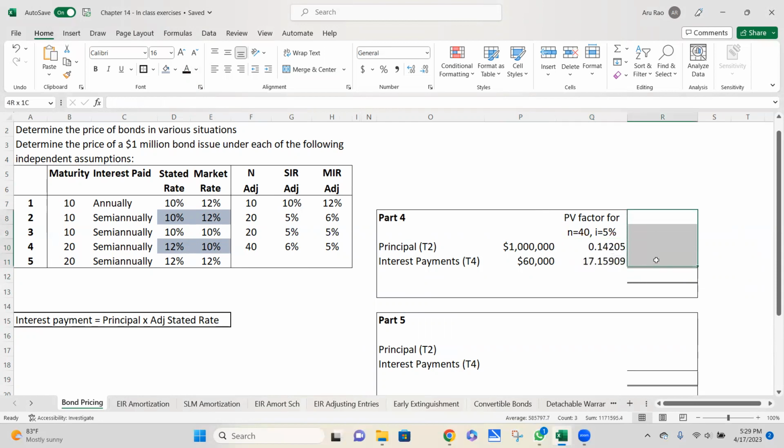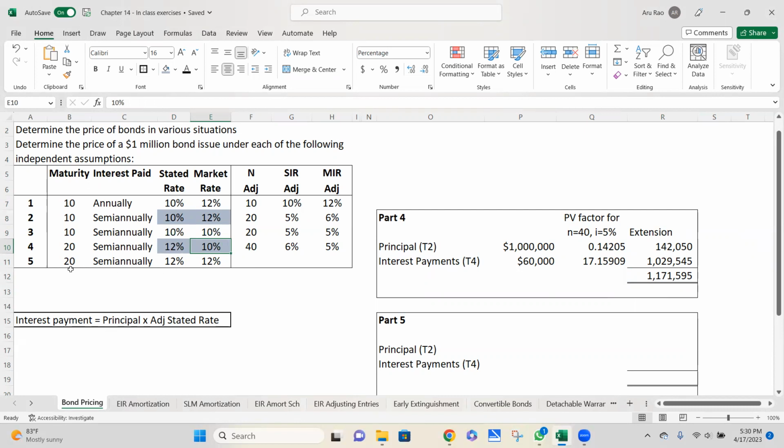We go through the motions of calculating the extensions, and what we come up with is in fact a number larger than $1 million. So the excess amount that I have is a premium that I'm going to issue it at. Bonds will issue at a premium because I am offering an interest rate that is larger than the market rate at the time of issue.